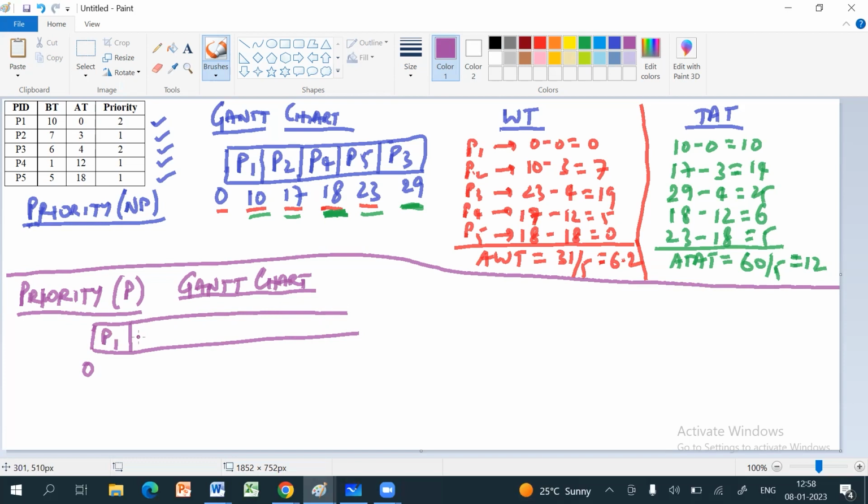Now P1, unlike your priority where it continued till 10, as you're able to see here, in this case will temporarily be halted at time 3 because of the interrupt, because this is a preemptive version that we are working on. So we have to pay attention to the interrupts as well. So P1 will temporarily stop at 3 and start comparing the priorities.